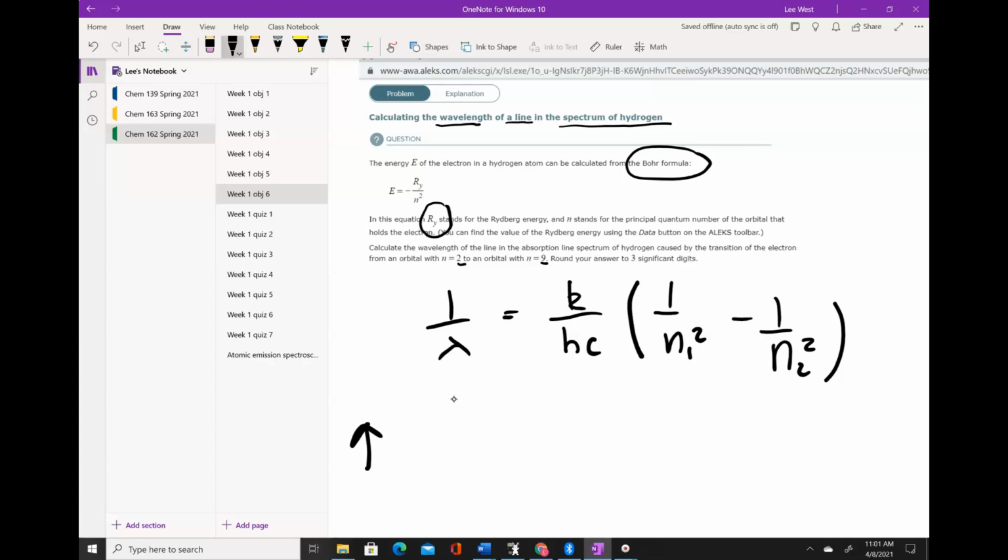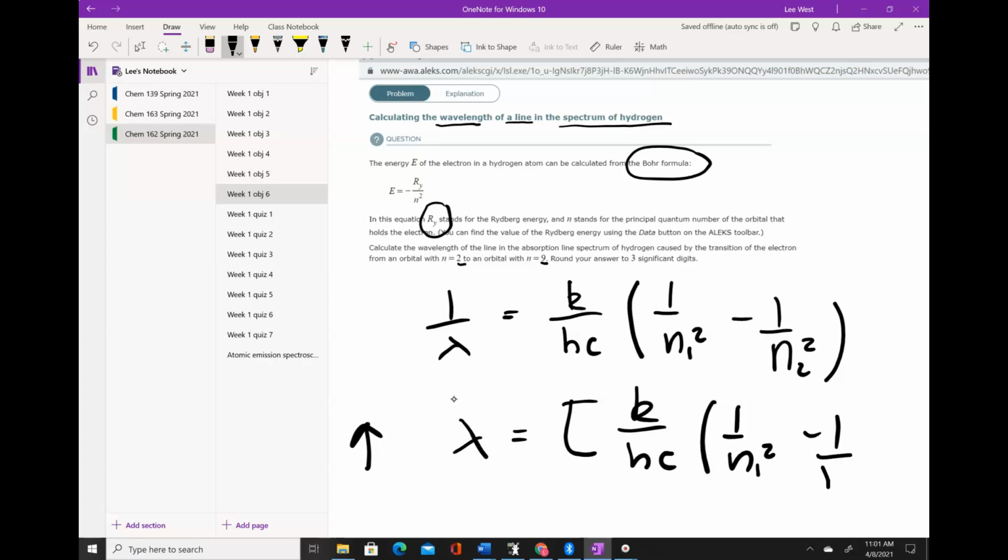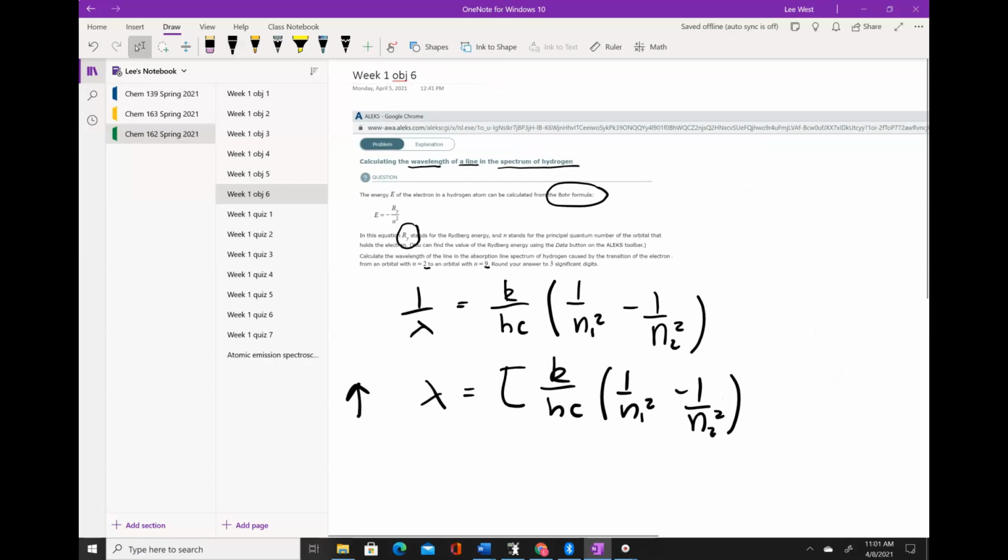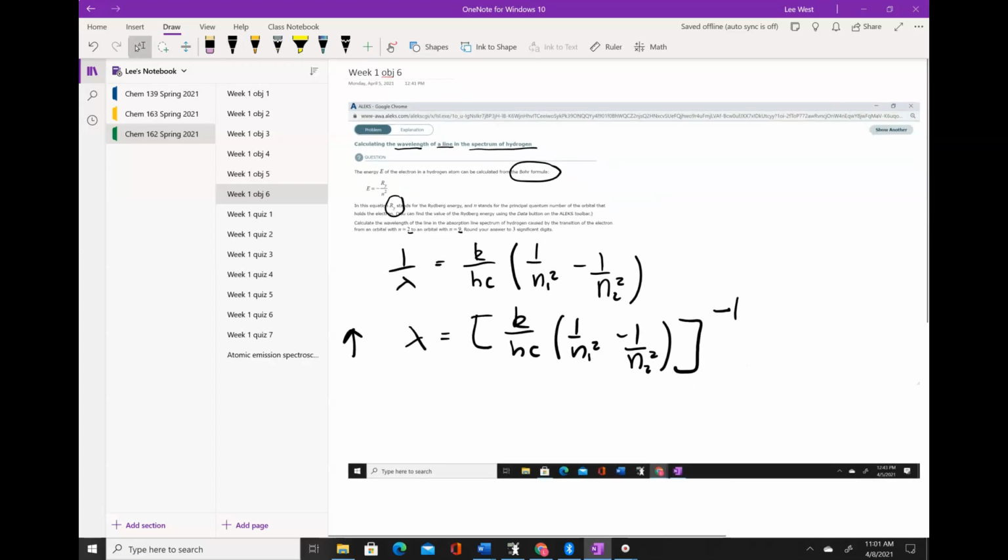Now, there's a real simple thing we can do with this formula: let's just take the inverse of both sides, and you'll see now we just get the wavelength returned to us in one step. So I'm just going to raise both sides to the power of -1, that is, invert both sides.